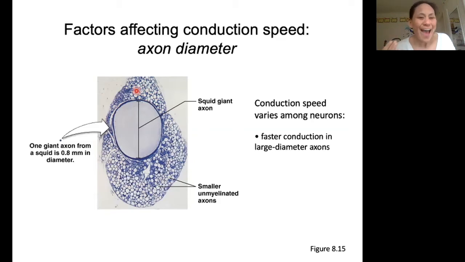The reason for that is that with a larger diameter axon, you get less resistance to ion flow down the axon. So the ions that are coming in and depolarizing that next part of the membrane are going to be able to move more easily down a big fat axon than a little skinny axon.